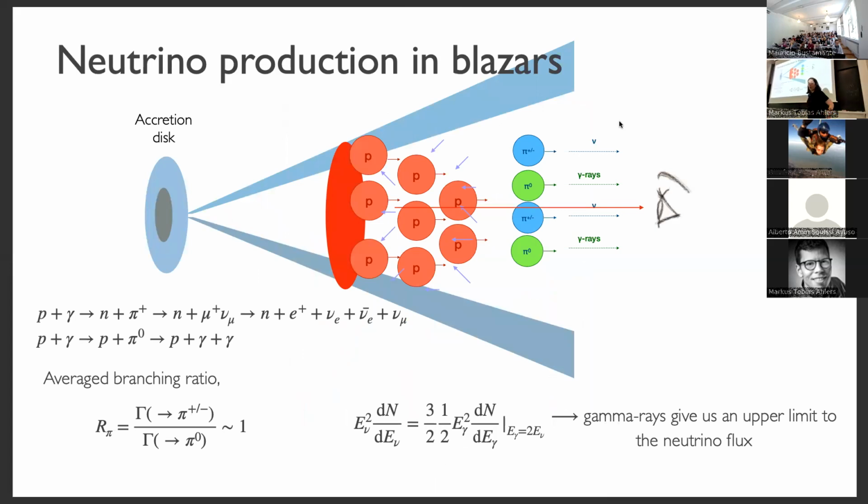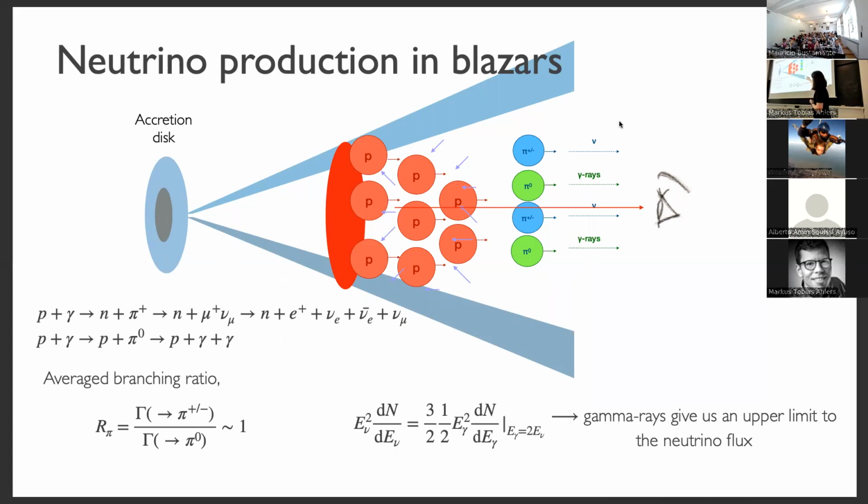So here is a schematic of what's happening in this source. In the blazar jet, we have many options where we can have a shock and accelerate protons. Maybe there is a long-lived standing shock, or maybe there are many shocks being formed as matter plasma goes at these relativistic speeds down the jet.